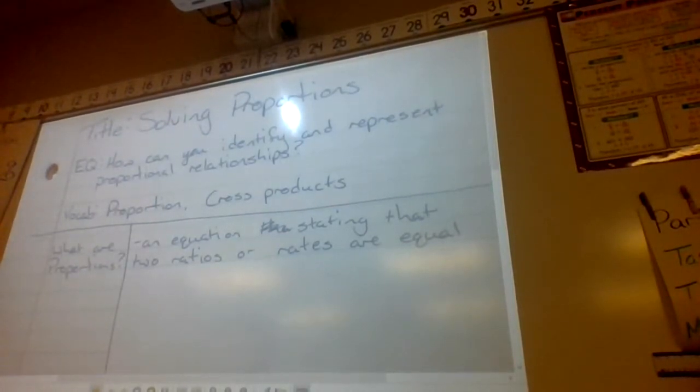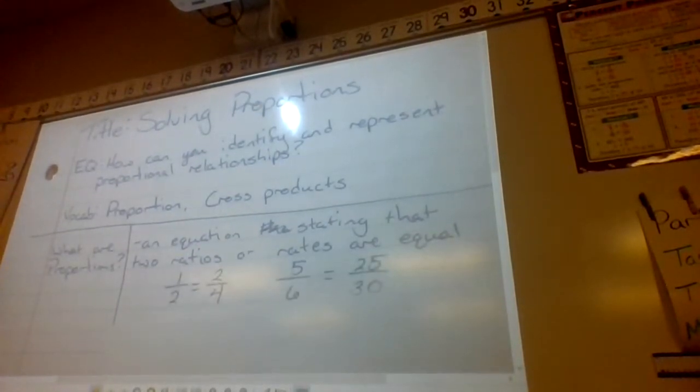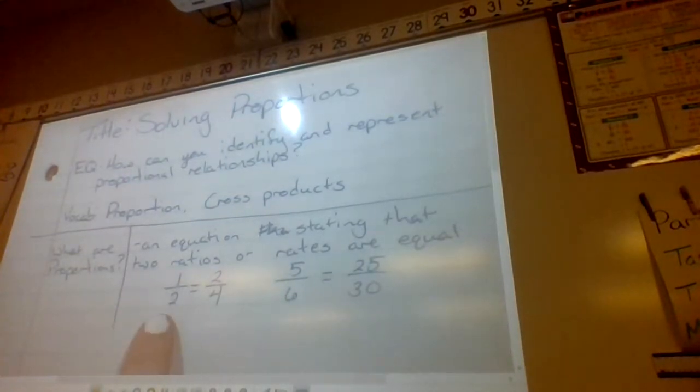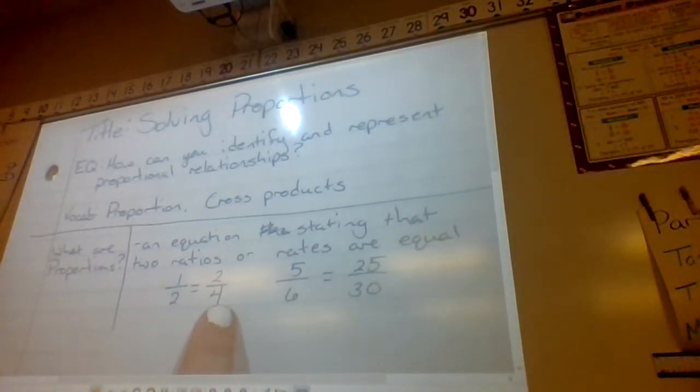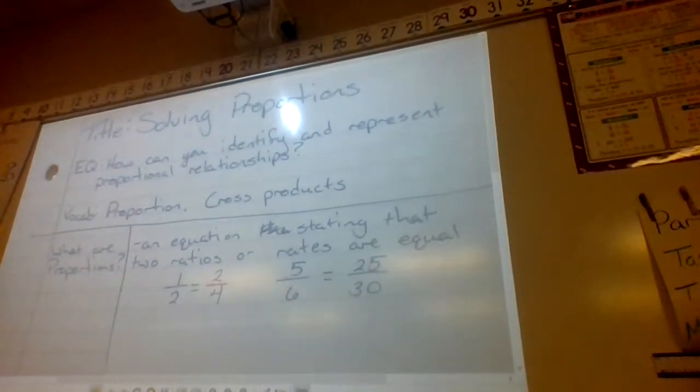For example, what's equal to 1/2? 5/10, or 4/8. Any of those. So you'd pick one. 1/2 is equal to 2/4. 5/6 is equal to 25/30. Those are proportional.